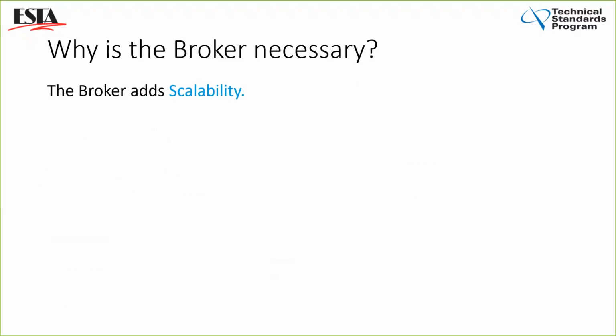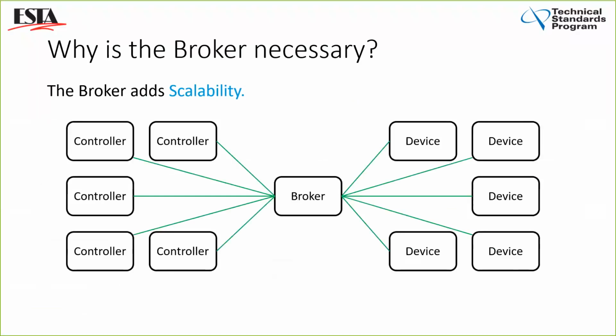One of the other things that a broker adds to an RDMnet system is scalability. So in RDMnet, each controller and device only needs enough resources to maintain its connection to a broker. In other words, it only needs to worry about one TCP connection, which is its connection to a broker. This is by contrast to a system without a broker, in which each controller would need to have an individual connection to each device, and the number of those connections would scale with the size of the system.